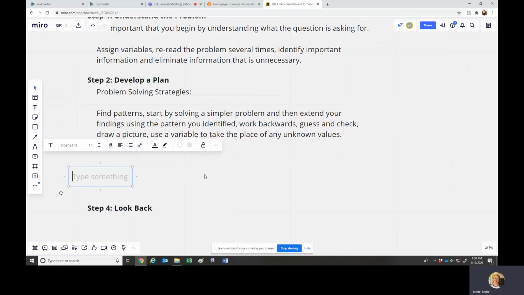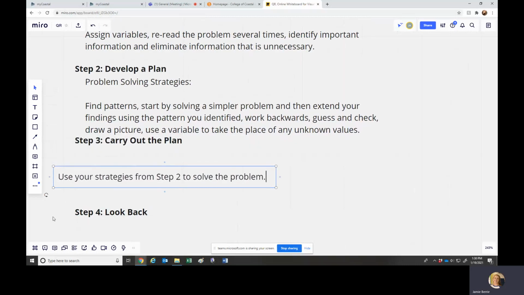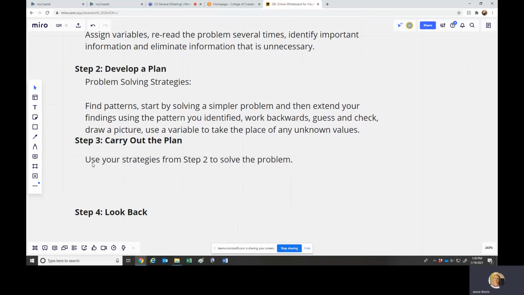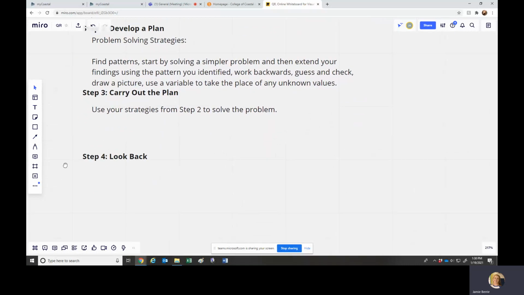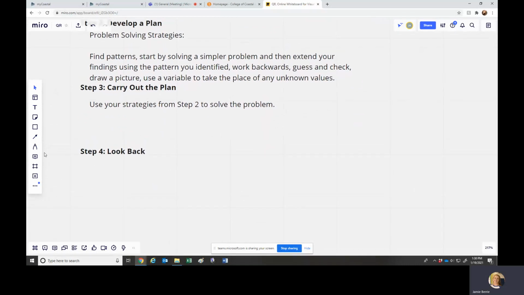Use your strategies from step 2 to solve the problem. Use some of those problem-solving strategies that you identified in the second step to solve the problem. That's the third step. And then the last thing you're going to do is just look back.